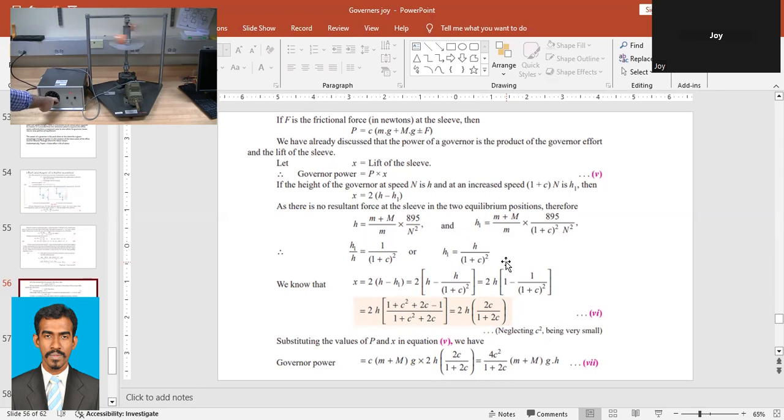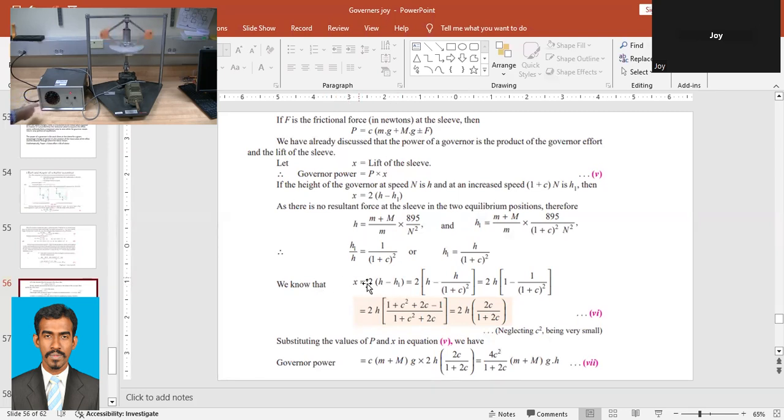Now we have found the H as well as the P. So we will apply it in this equation, P into X. X is equal to 2 into H minus H1. We have H1, 2 is a number, and P we have already found, P into mg plus Mg minus F. So we'll substitute all these terms in the equation.